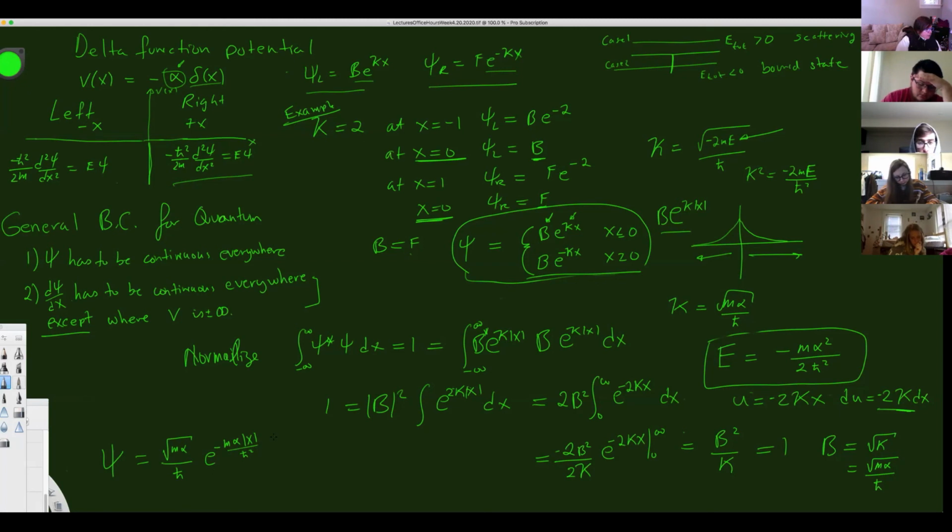I think I've lost the h bar. Why is there an h bar squared on there? Oh yeah, because it's kappa. Never mind. And then we also have e. So this is the bound state for the delta function potential.